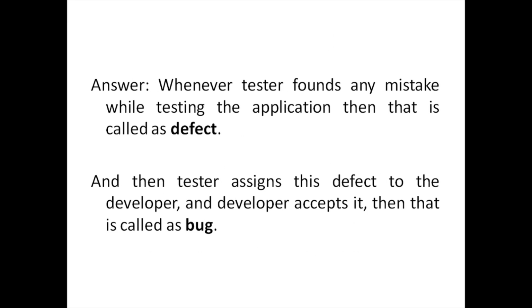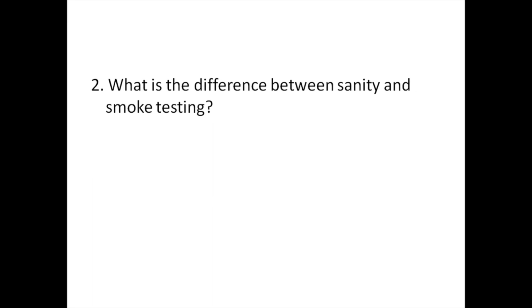Or you can say, whenever a tester finds any mistake while testing the application, it is called a defect. Then the tester assigns this defect to the developer, and when the developer accepts it, that is called a bug.